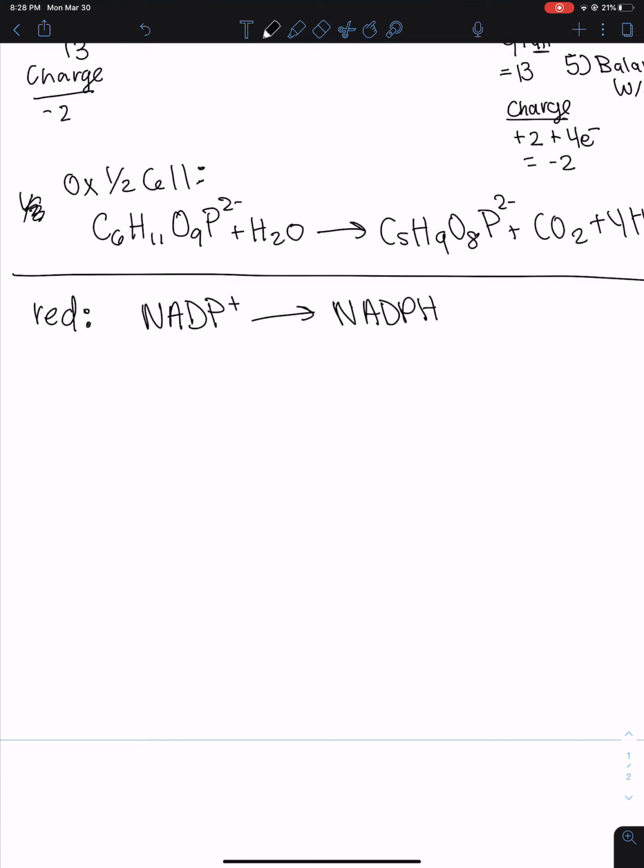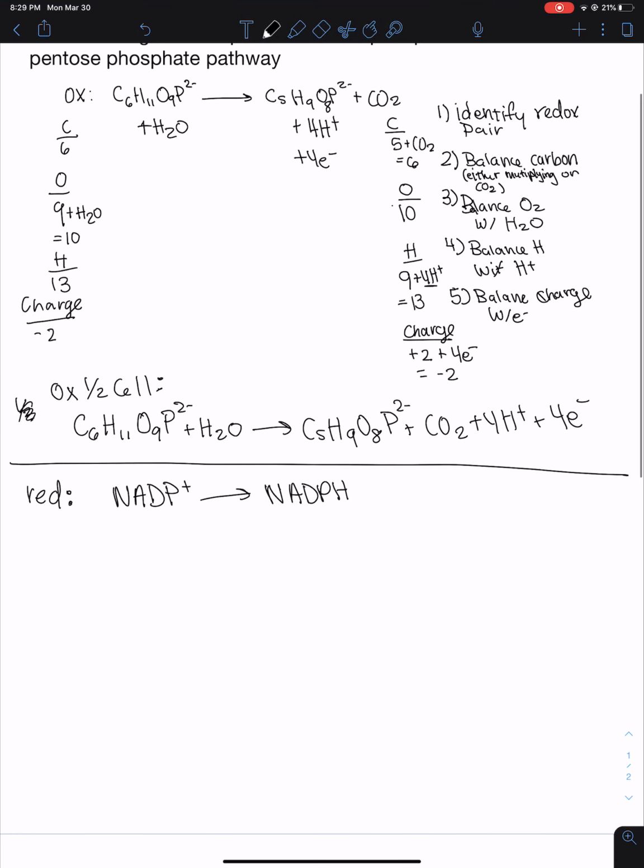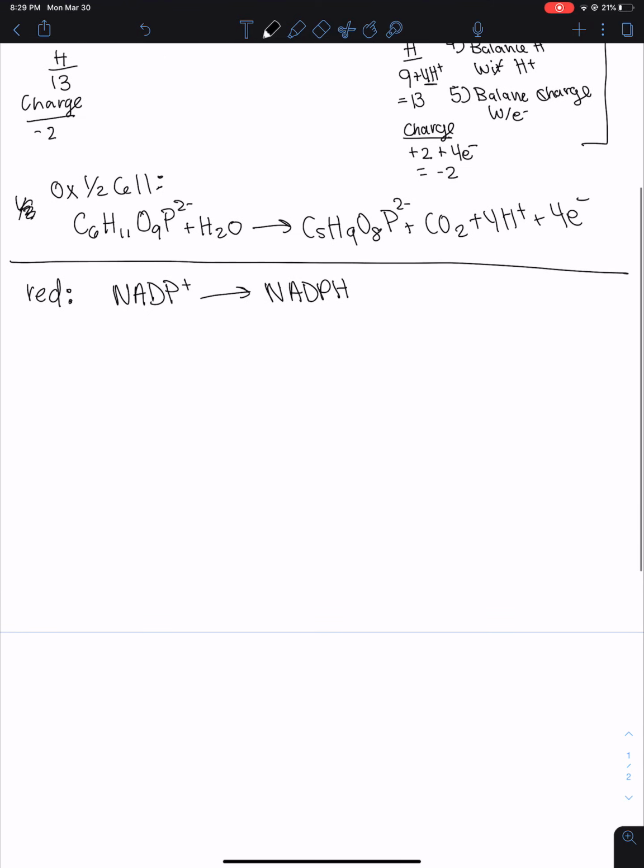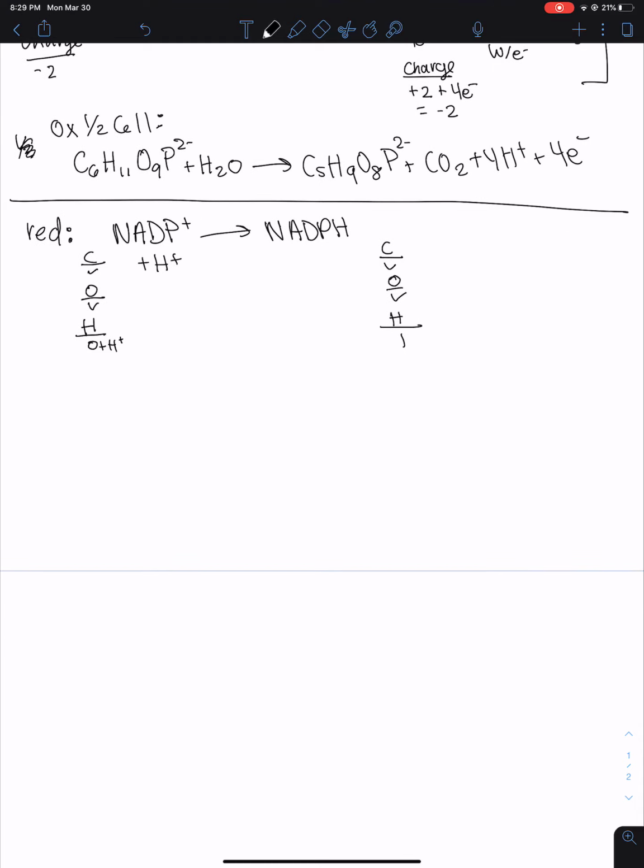So in this way, we're going to follow the exact same steps that are listed here, but it's going to be quicker because the carbon's already balanced, the oxygens are already balanced, the hydrogens are not balanced because there's one over here and there's none over here. So we're going to add 1 proton over here, and then we're going to go with charge.